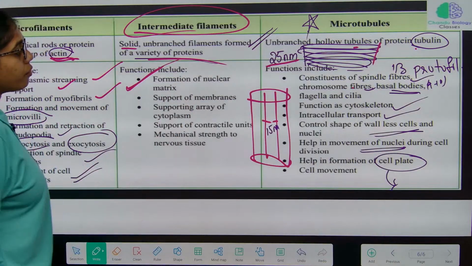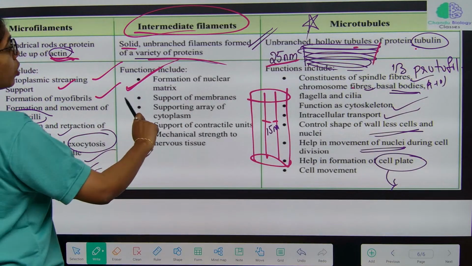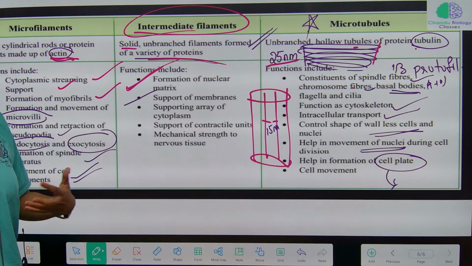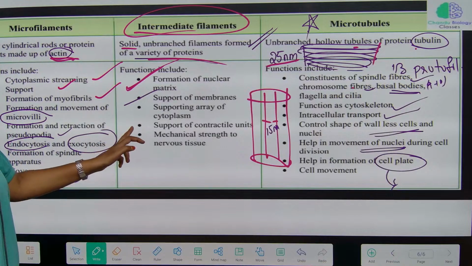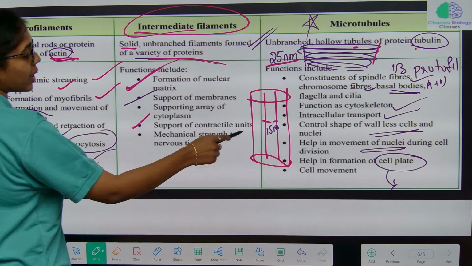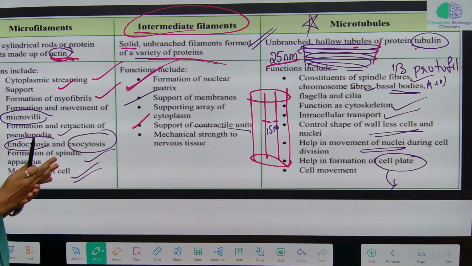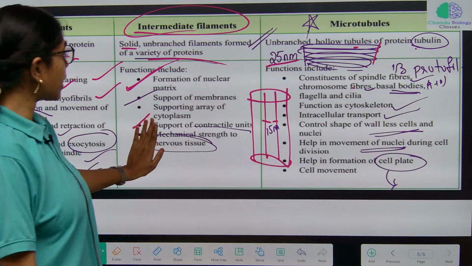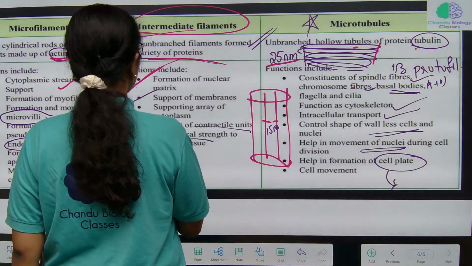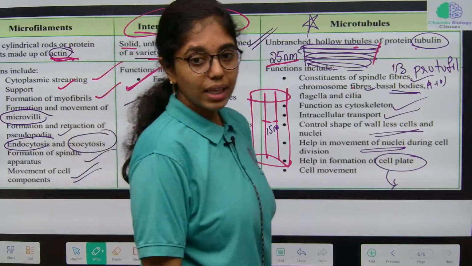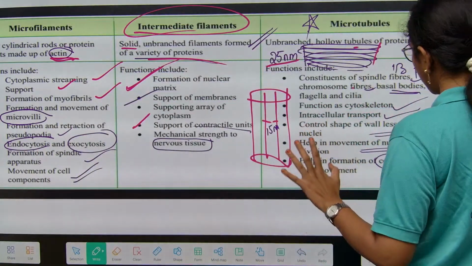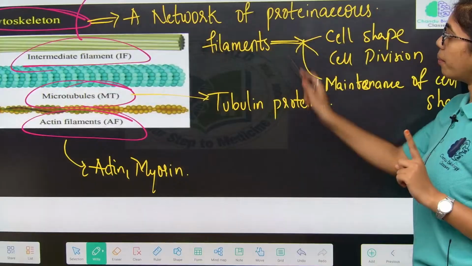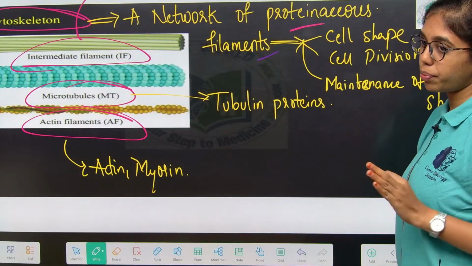Formation of nuclear matrix, they support membranes, supporting array of cytoplasm, they support contractile units, and they give mechanical strength to the nervous tissue. Clear, right? So, these are the set of cytoskeleton proteinaceous filaments that we have to be aware of.